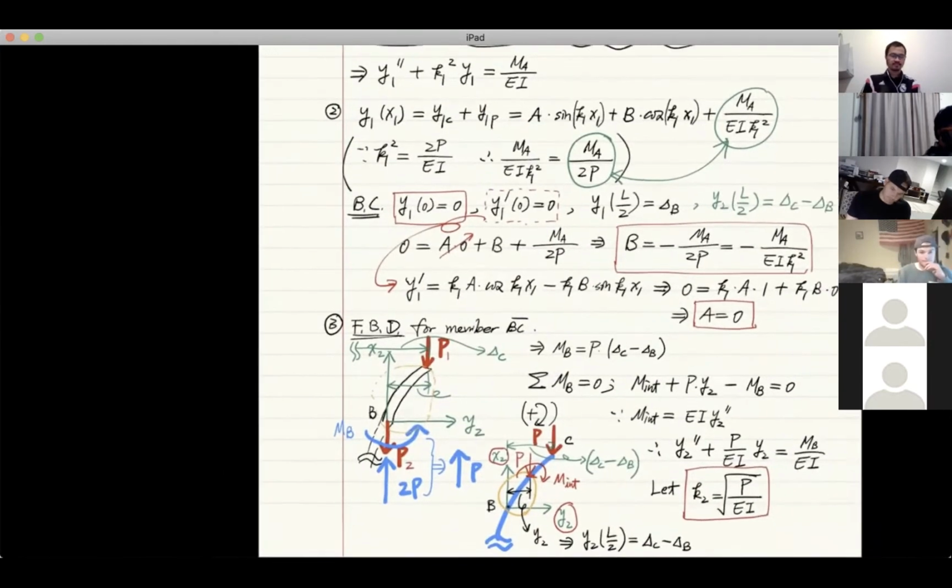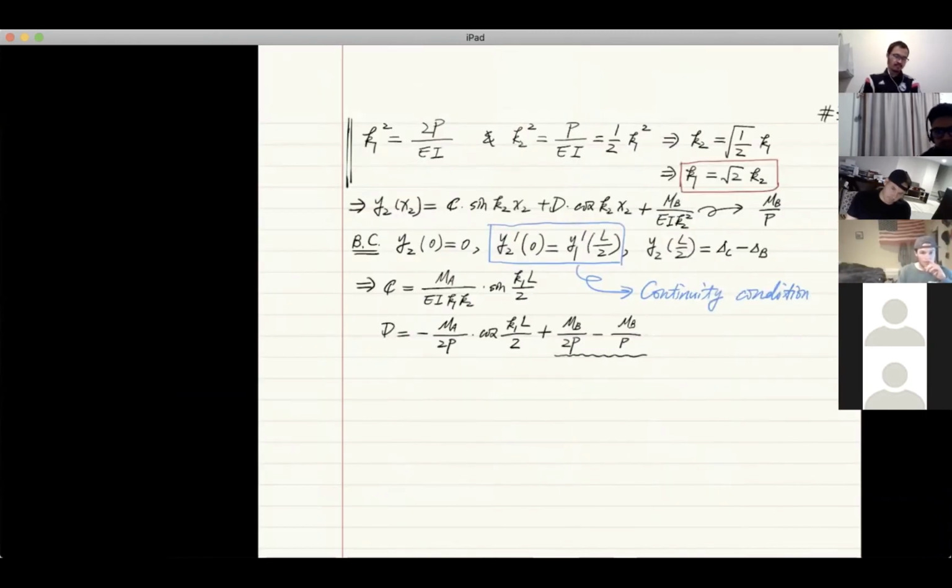And next one is step 4. Once we have these two expressions, now we have the expression of y1 and y2, so we already have that.